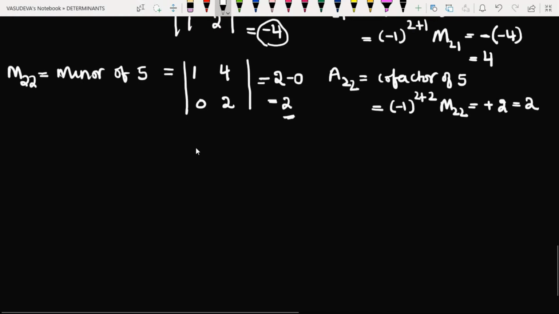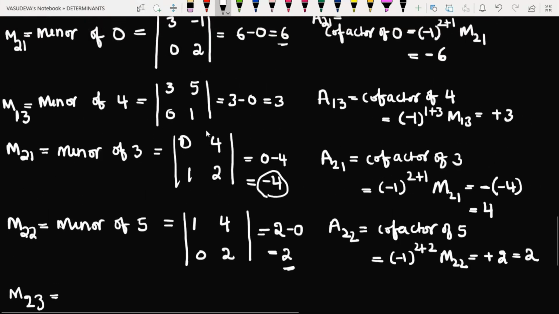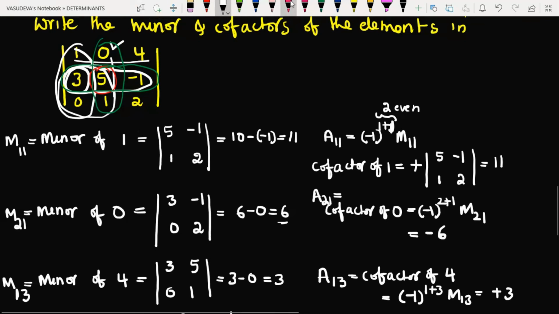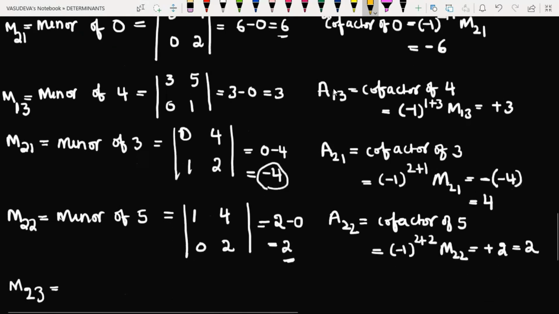Now the minor of the element in the second row and the third column, that is the element minus 1. Leaving the elements of the second row and the third column, we have 1, 0, 0, 1.